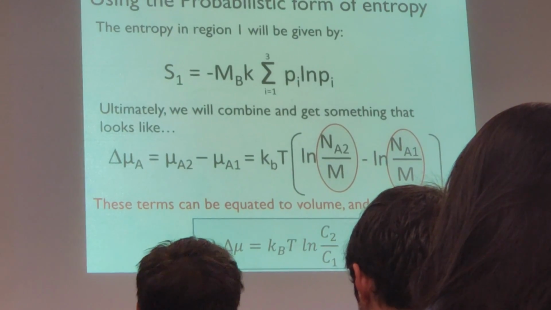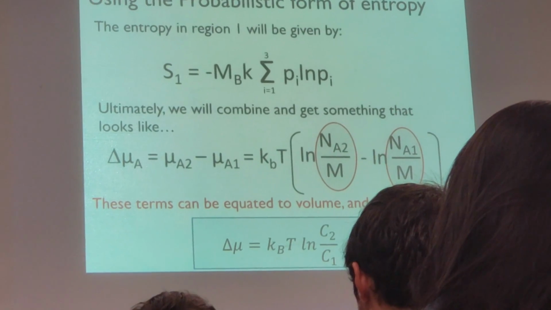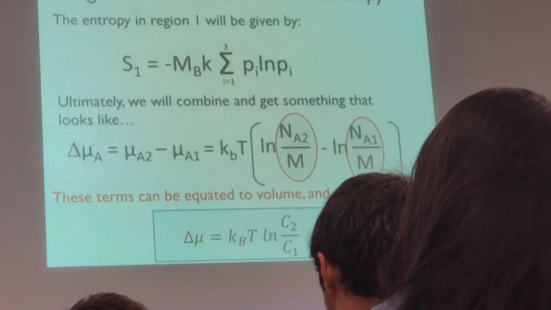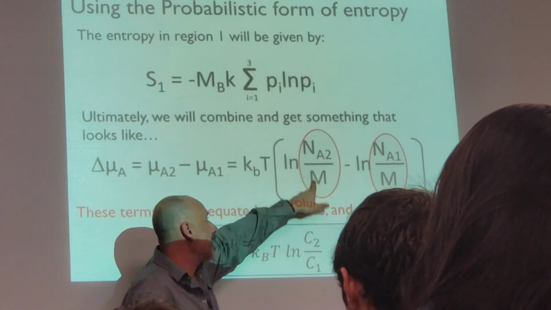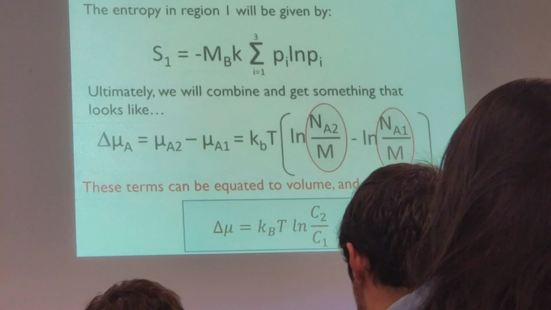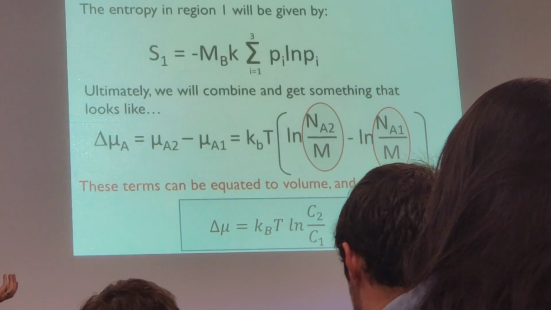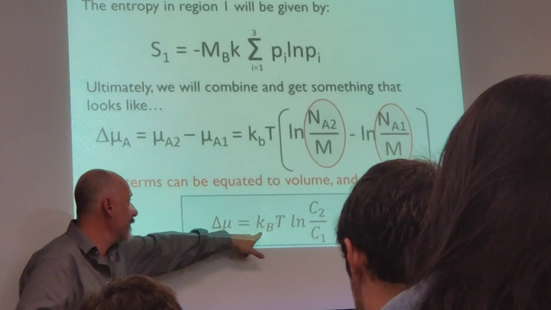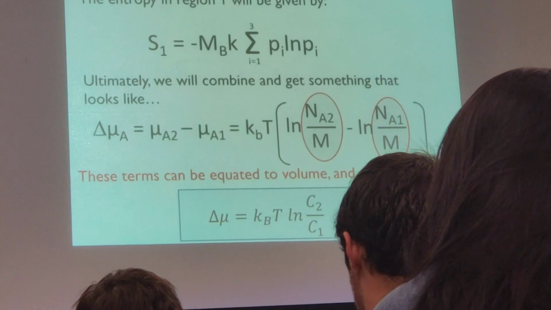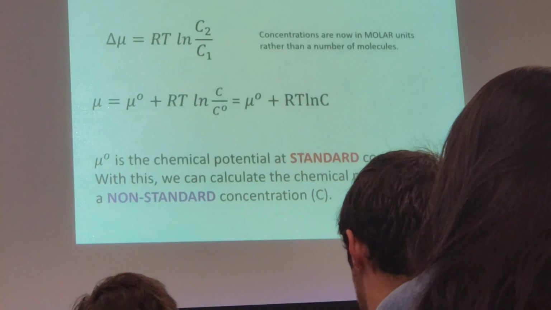That's concentration ultimately, some number of solute over the size of the system. So that just scales the concentration. That's where the concentration terms come in. This would be C2, this would be C1, and I can collapse that into one element. If I want to think about it in terms of kBT, it's kBT ln of concentration in region 2 over region 1. So that's where the derivation comes in.